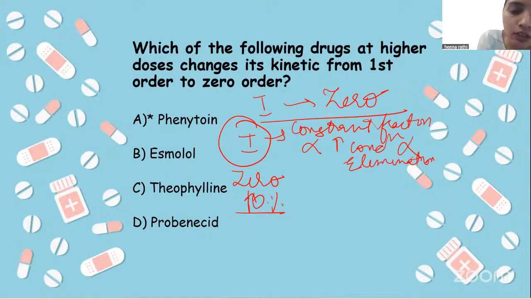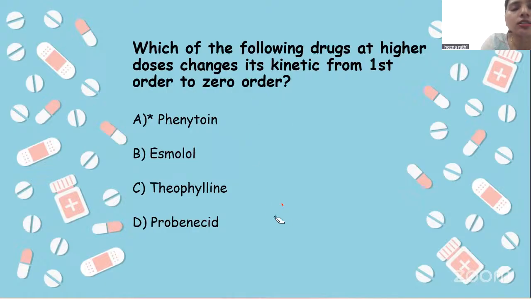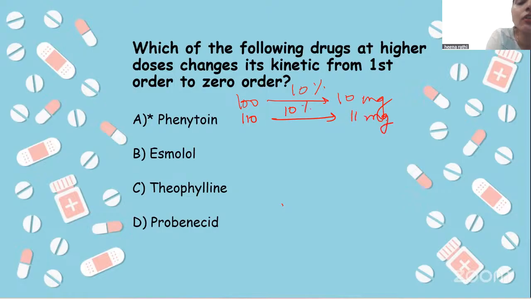If the initial concentration of the drug was 100, then a constant fraction of 10% is going to be eliminated, which means 10 milligrams of the drug is eliminated. Now if we raise the concentration of the drug to 110, then 10% of the concentration means 11 mg of the drug will be eliminated.